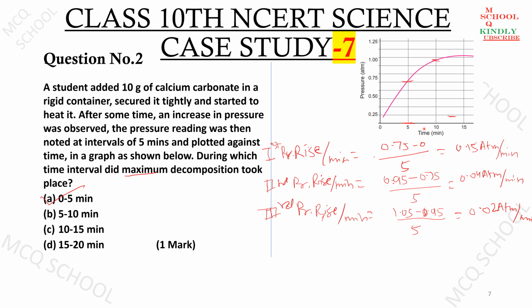In the third interval, the pressure rises from 0.95 to 1.05, so the pressure rise is 0.02 atmosphere per minute. From this we understand the pressure rises fastest in the first interval, from 0 to 5 minutes. Hence the answer is 0 to 5 minutes.